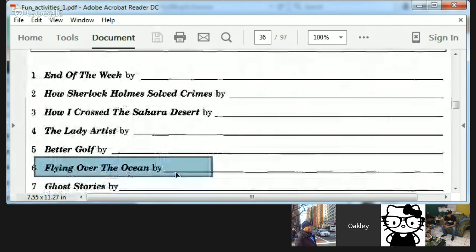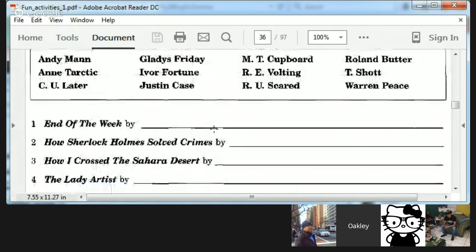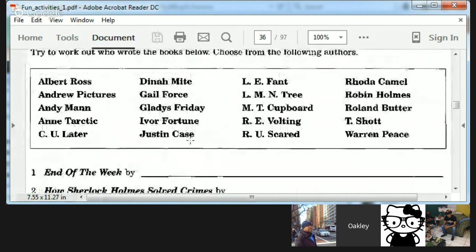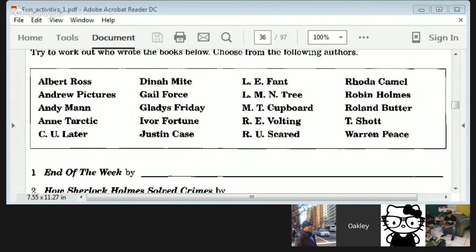Flying over the ocean by... This is a really hard one. You're never gonna get this.